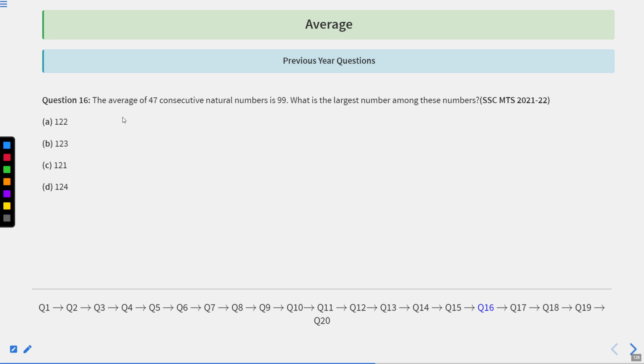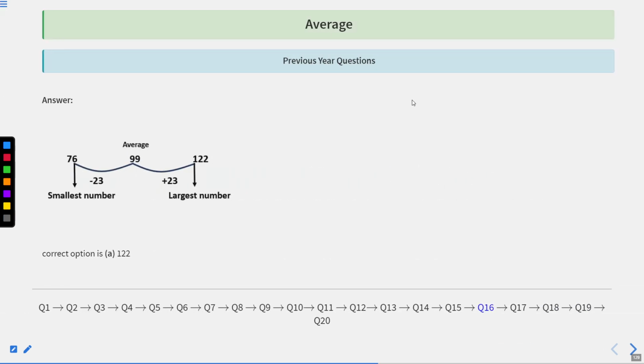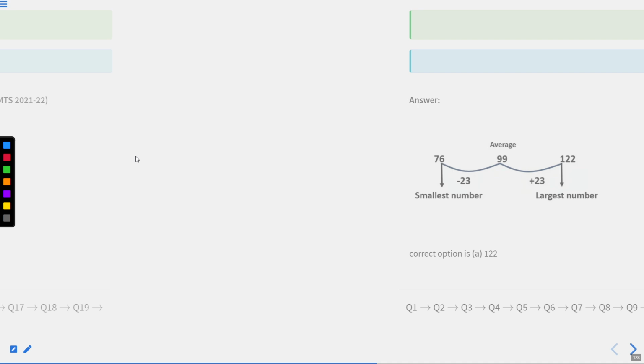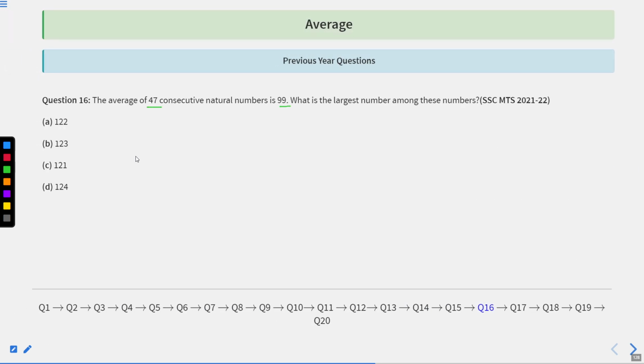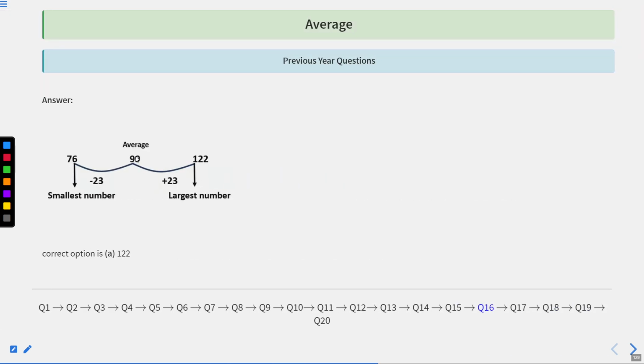Now, problem number 16. The average of 47 consecutive natural numbers is 99. What is the largest number among these numbers? Since the average is 99 and we have 47 consecutive natural numbers, that means 47 is an odd number.